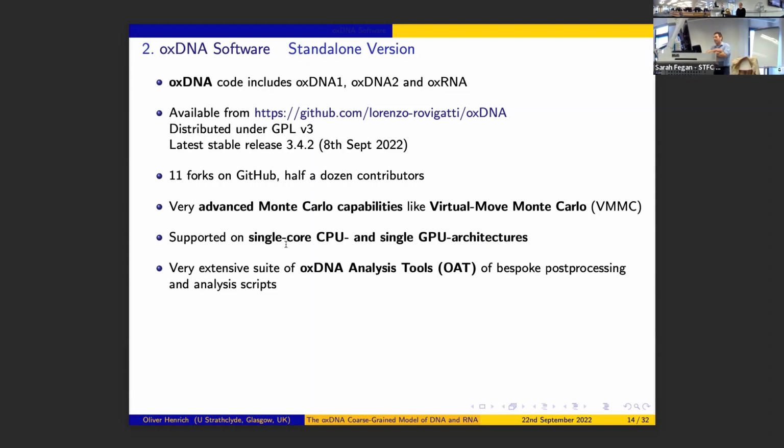With LAMMPS, you are now multi-core, but not GPU. But once we re-implemented it for the last time, then I think you can run on hundreds of GPUs.